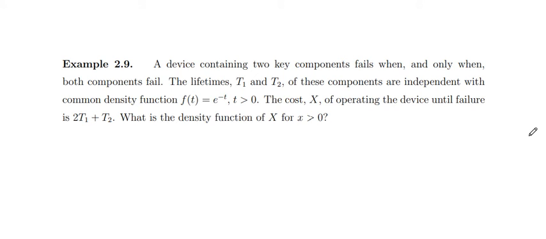Okay. So here let's see, what is the density function for x? So what is this x? X equals this. Okay, right? The constant x is this. So the question is we know the density function for t1 and t2.